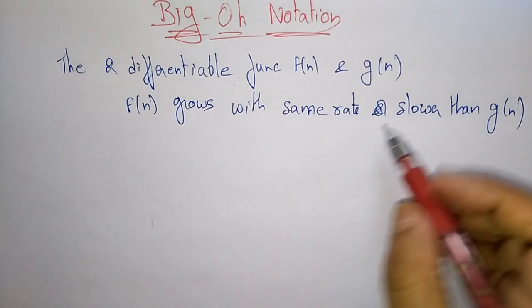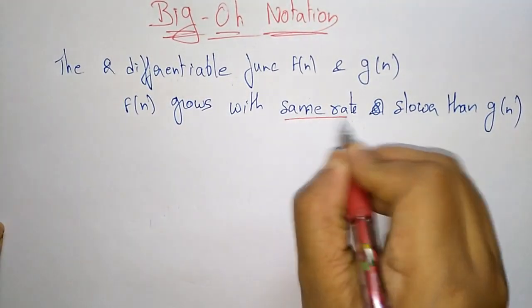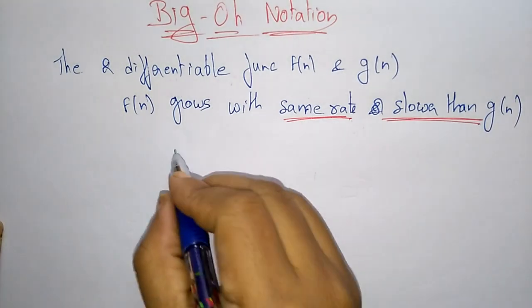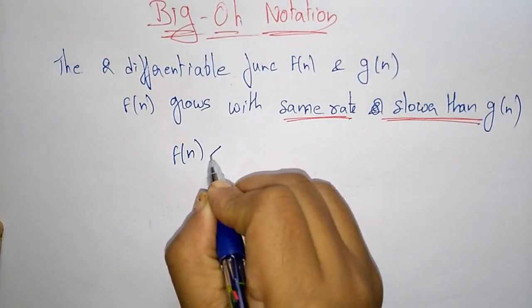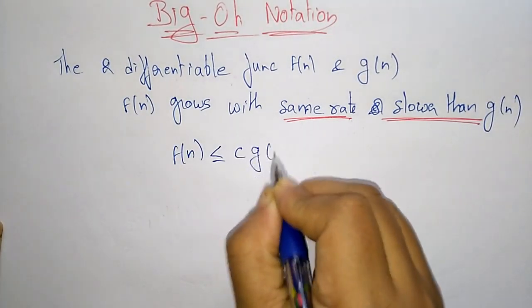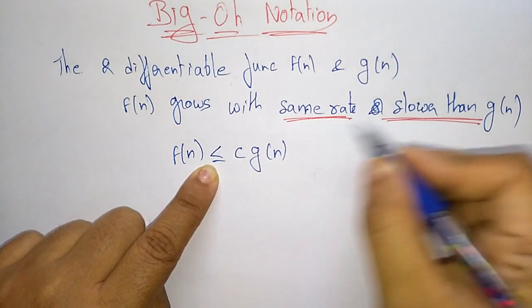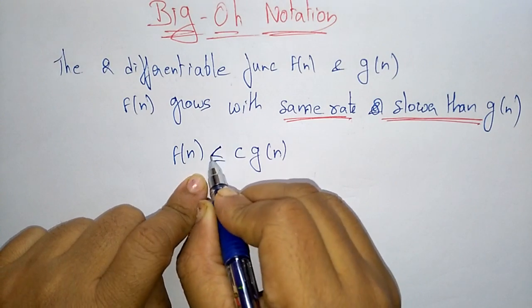So this is the condition of big O. The function always grows with the same rate or slower than g of n, which means f of n is less than or equal to c into g of n. Equal means same rate, slower than, that's why it is a less than or equal to symbol.